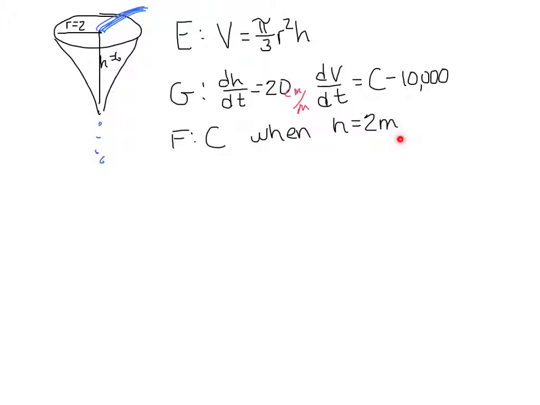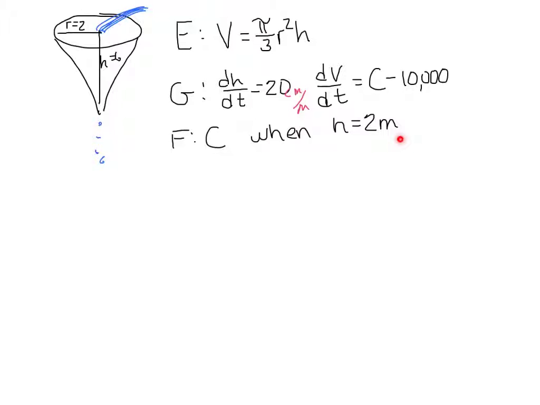And that is another tricky piece of information. If you look at the problem, all of the information about this cone is given in metric, but it's not given in the same units. You're told that water is leaking out of the tank at 10,000 cubic centimeters per minute, and you're told that dH/dt is in centimeters per minute, and then you're told that the height is in meters.